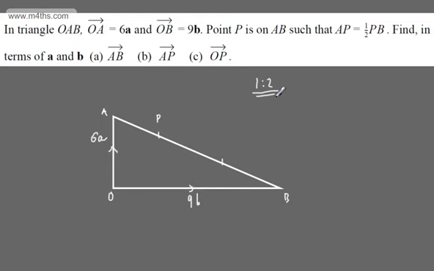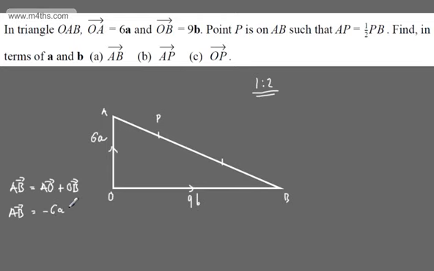So what we first want now is the vector AB. So the vector AB, I'm going to come down this way and then go this way. So I'm going to write here now, AB is equal to AO plus OB. So now I can write that's going to be minus 6A. Remember, I'm coming down this way.